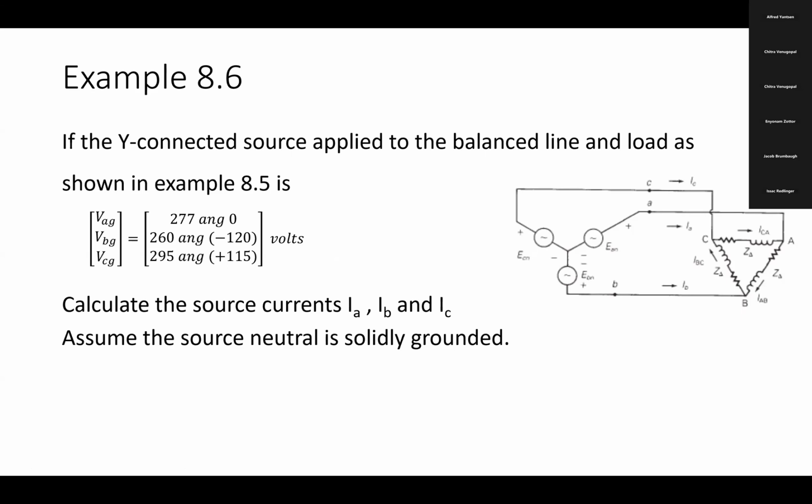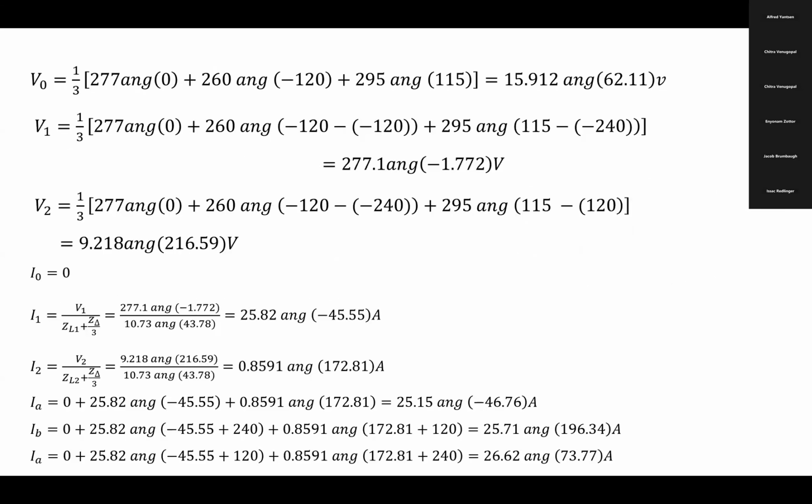So substitute the values for the current, V0, V1, V2, so that you can calculate I0, I1, I2. In this example, we expand V0, V1, V2 the way we explained earlier, when we were talking about symmetrical components, with the angles. These are the voltages from the phase values.